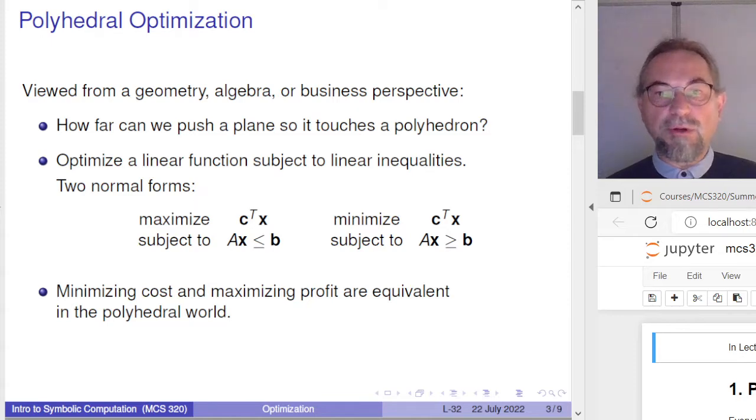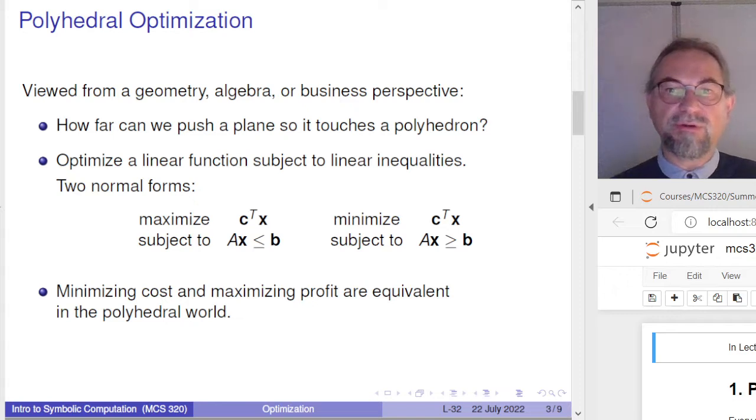Now, the two problems are definitely related, but they seem to be at opposite ends. In the polyhedral world, using the business language, maximizing profit and minimizing costs are connected. So if you can solve one problem, you essentially have also solved the other. But that's only in the polyhedral world, of course.